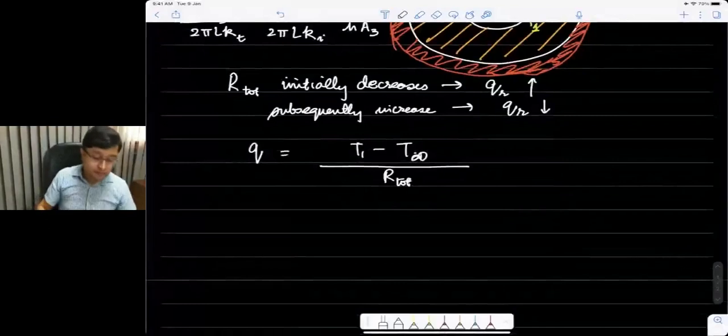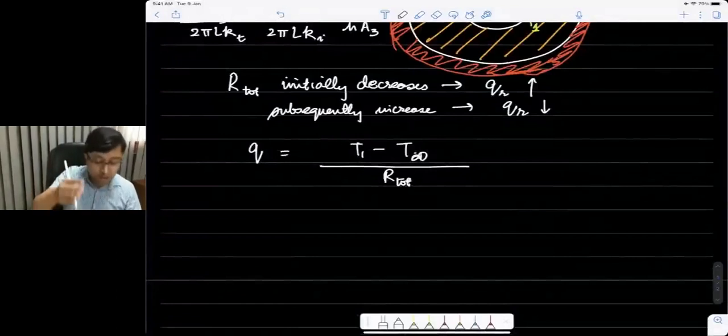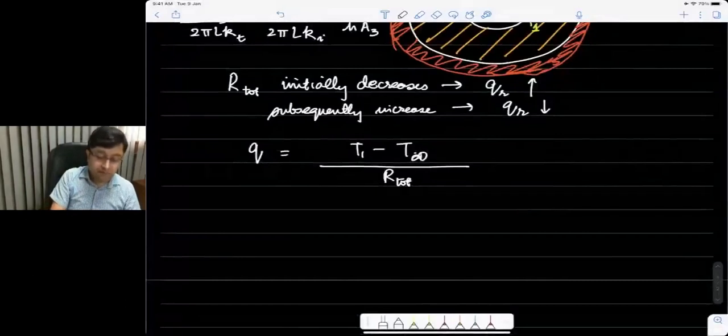I want to look at the point when R total is minimized, because that is where the transition from increasing to decreasing heat transfer happens.